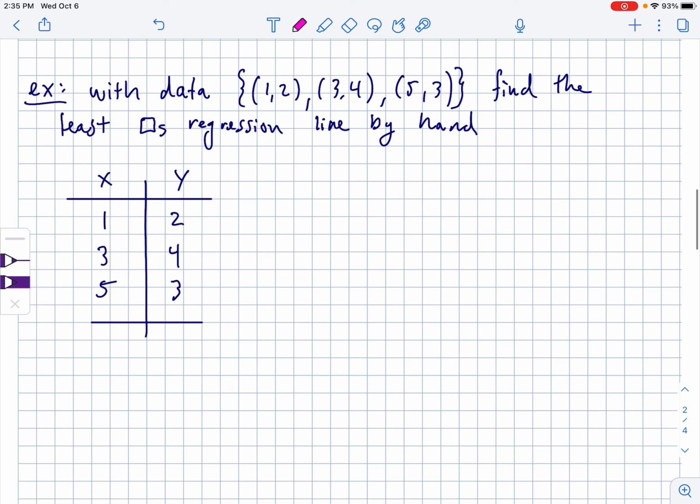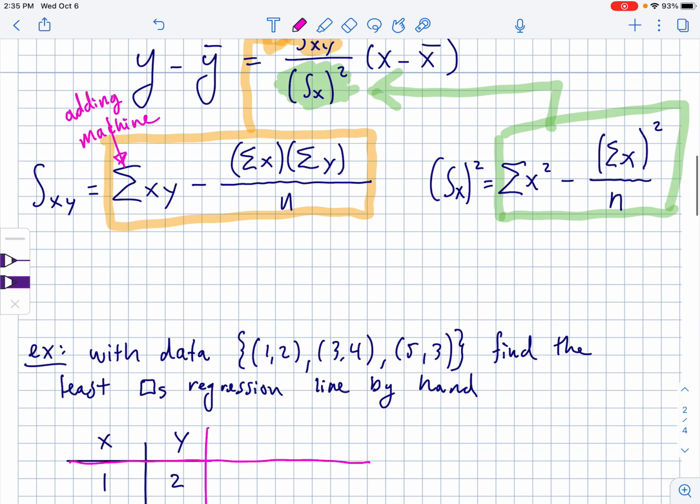So I'm going to walk you through how to do one of these by hand. We're going to use these data points, 1, 2, 3, 4, 5, 3, and we're going to find a least squares regression line by hand. The first thing you're going to want to do is extend this table because there are 3 more columns that we need.